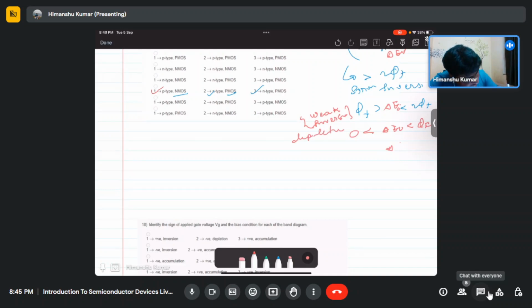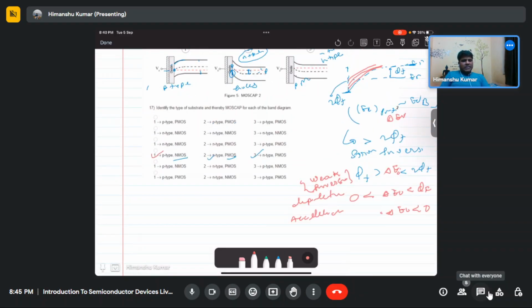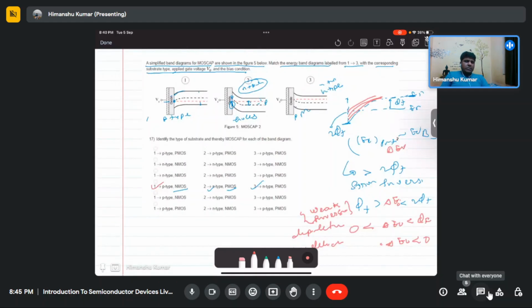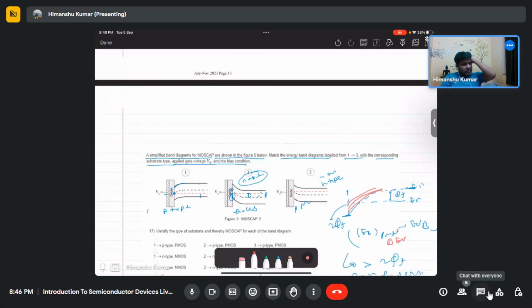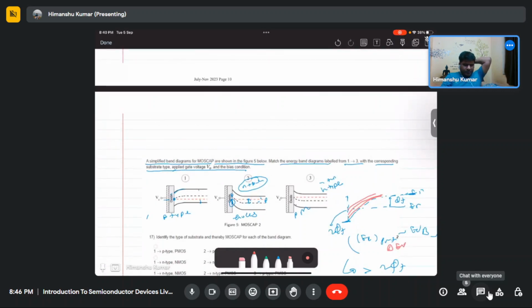And if delta EI is less than 0, then we can say accumulation is happening. So these are the different conditions. Based on this, you can decide which region the MOSCAP is in: depletion, strong depletion, accumulation, weak inversion or strong inversion.